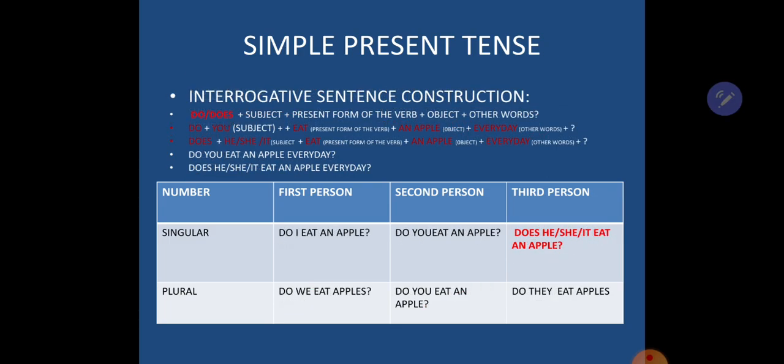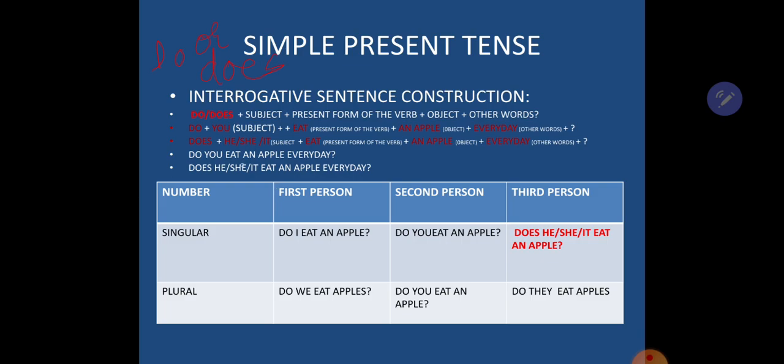Then comes interrogative sentence construction. Here also we use do or does. So first, do or does plus subject plus present form of the verb plus object plus other words.